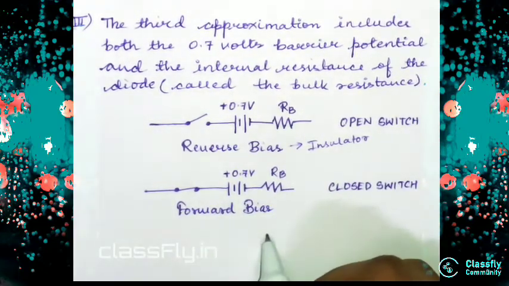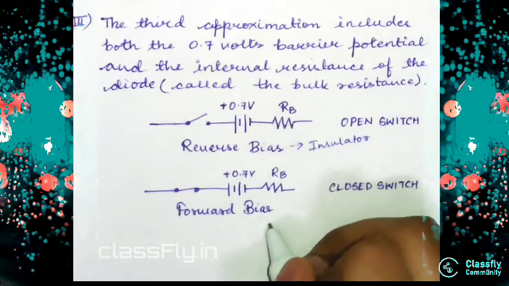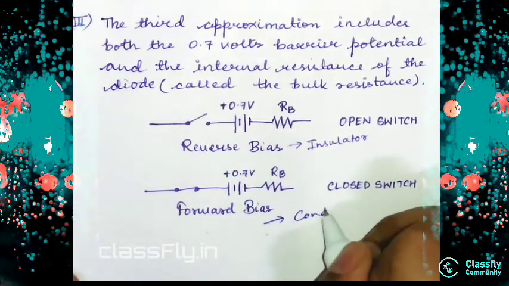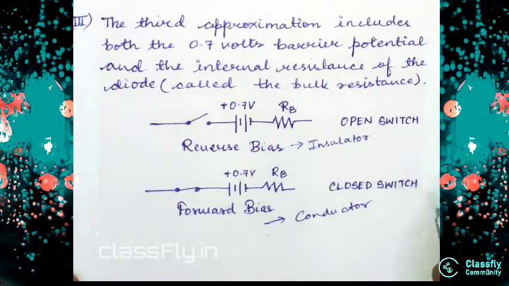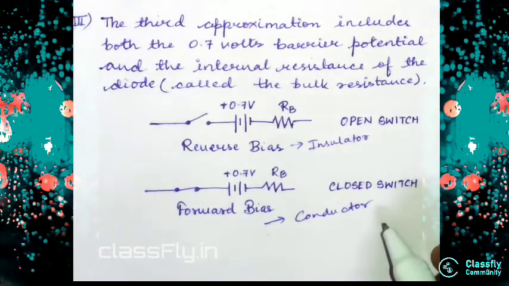And whenever it is forward biased, it will be a closed switch. That is, it will act as a conductor.